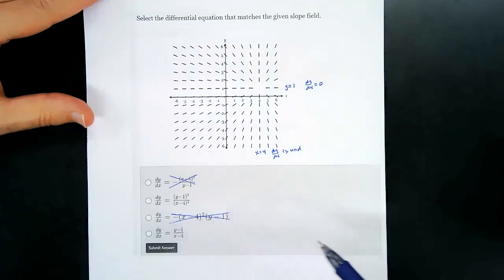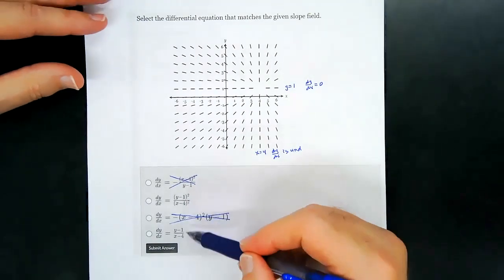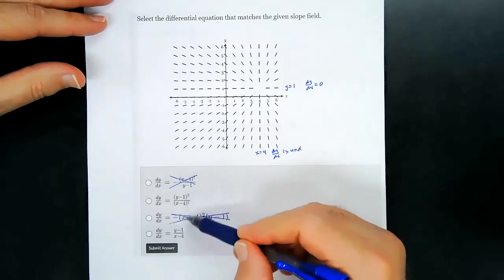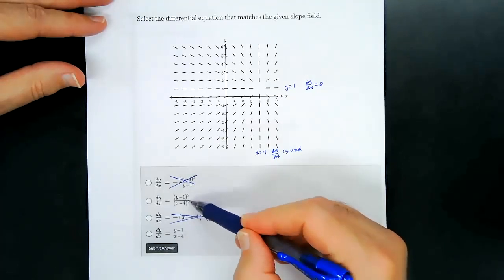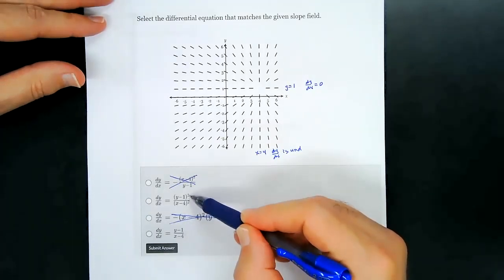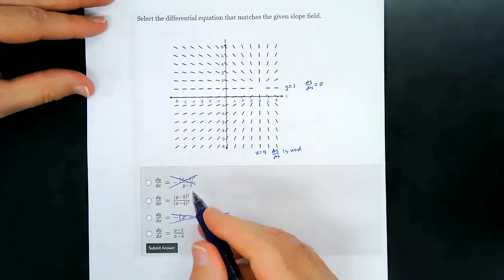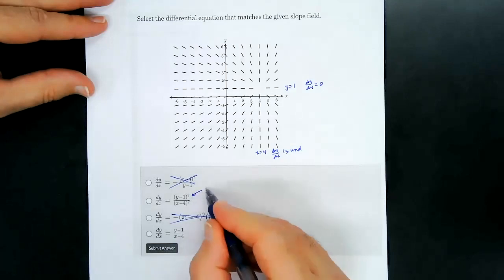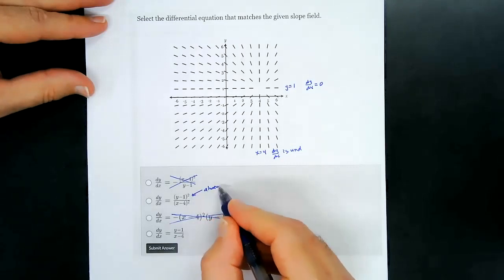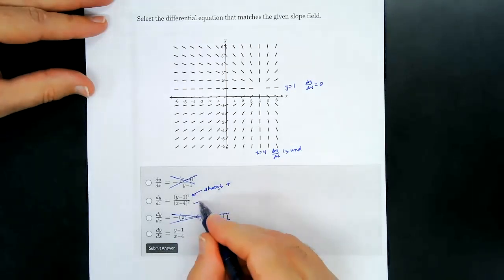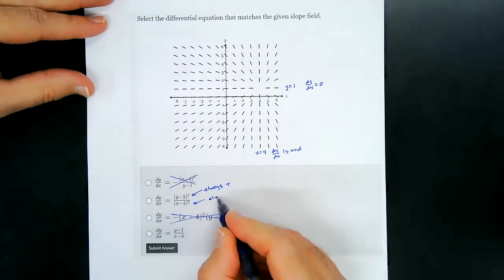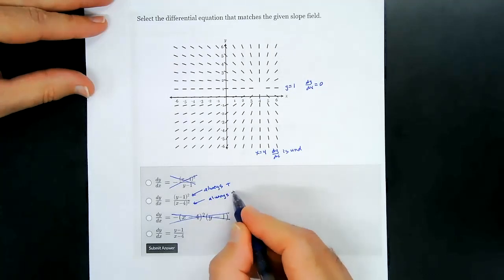Now we have to look at some features of this. What's the difference between these? The only difference is that both of these are squared. And what happens when you square a number? It becomes positive. So this numerator is always positive, and the denominator would also always be positive.